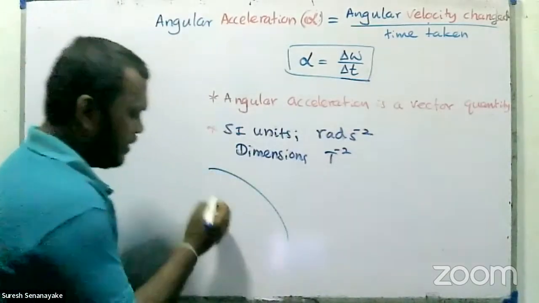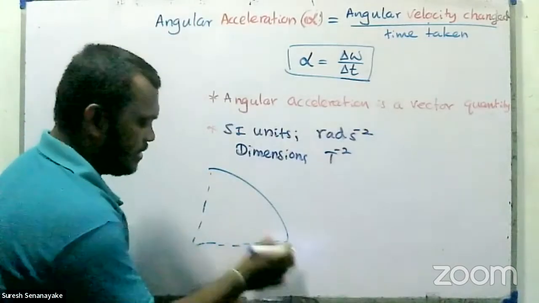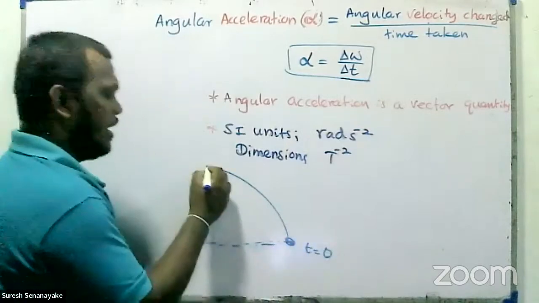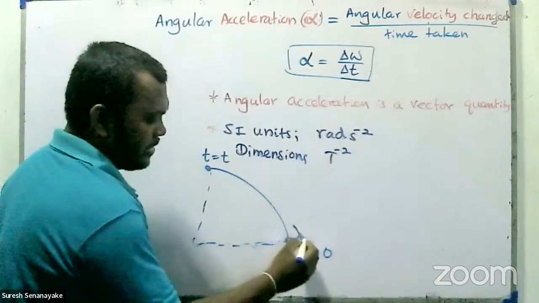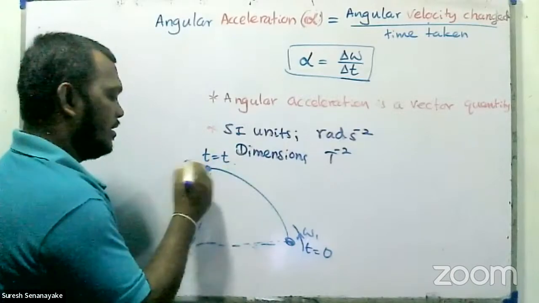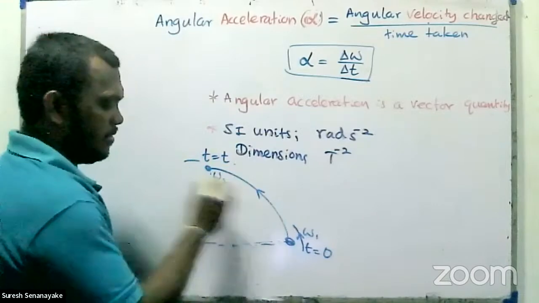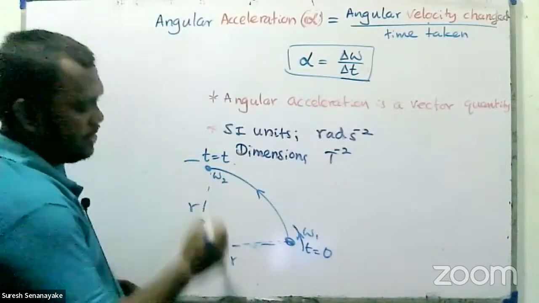Consider the body is moving like in this scenario. The body is starting from here at t equals 0, and at this moment, let's say the angular velocity is omega 1. After time t, the angular velocity is omega 2. What is the axis of rotation?